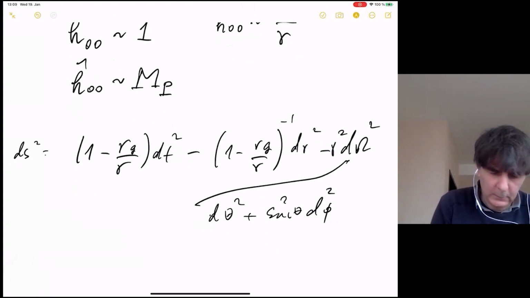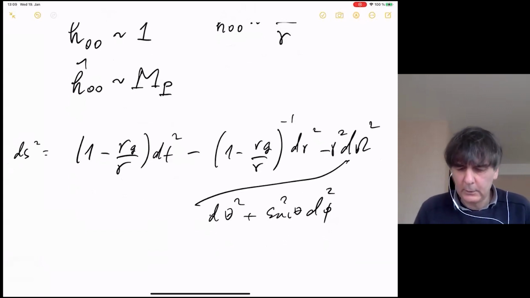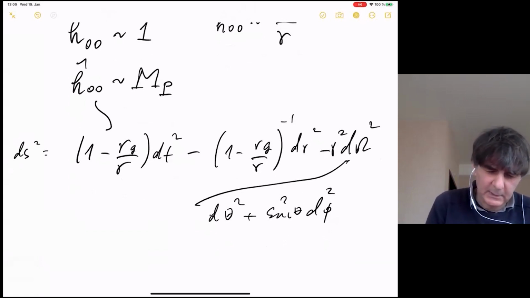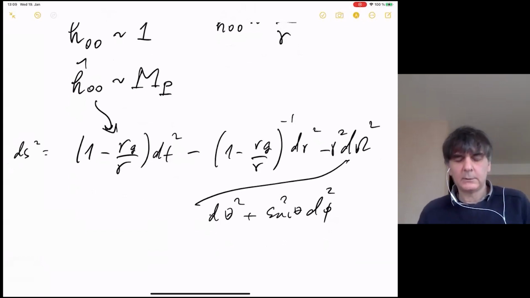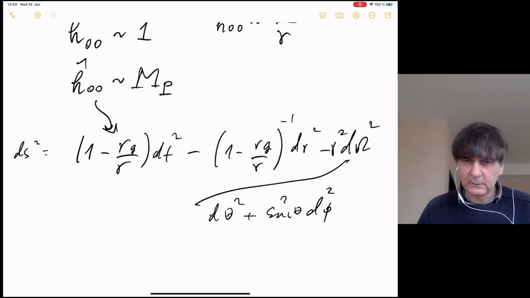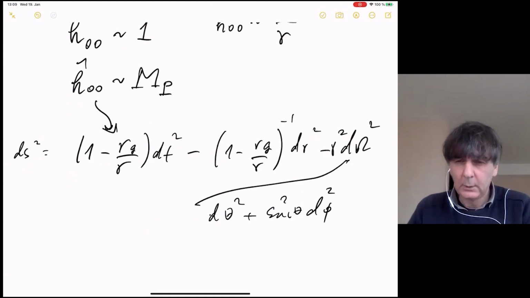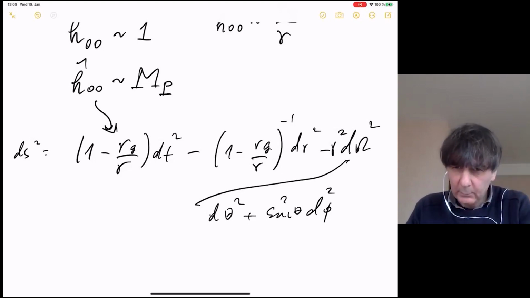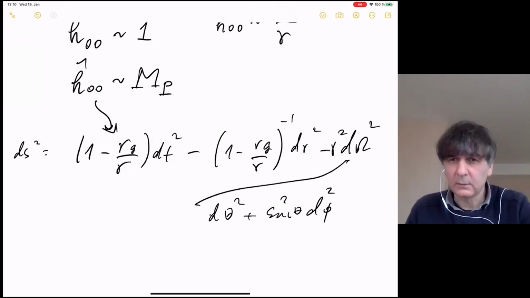This is the interval for the fully nonlinear Schwarzschild solution, which is basically H00 written in spherical coordinates. And so the fully nonlinear solution tells us the same thing. The way the geometric description tells us that nonlinearities are important is that it forms a horizon. The horizon at the distance of the gravitational radius Rg is the way the geometric theory tells us, in geometric language, that nonlinearities become equally important.